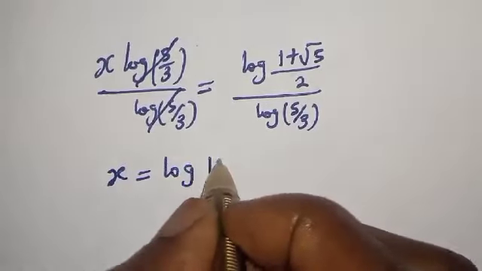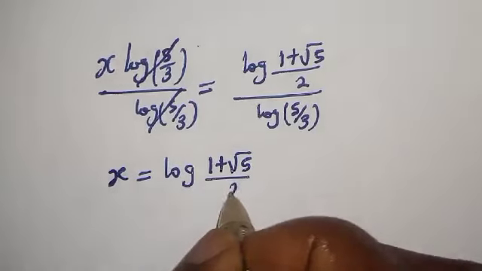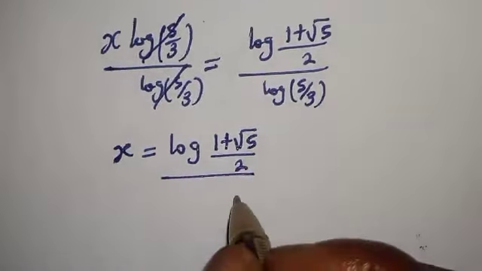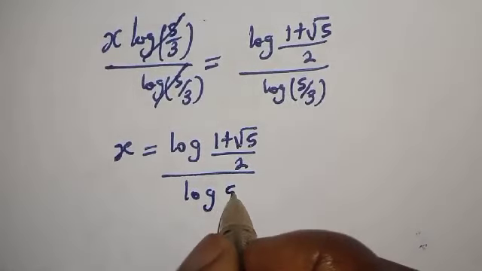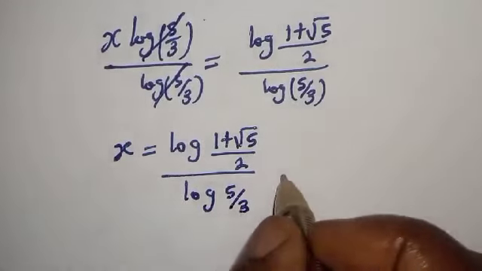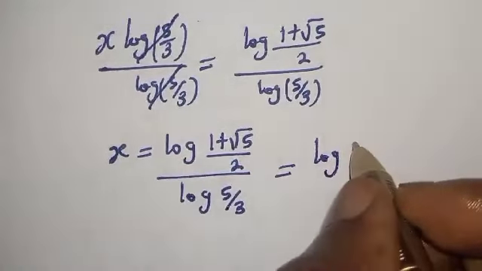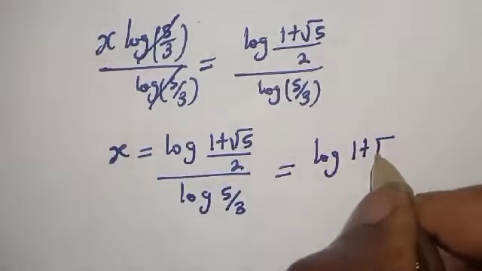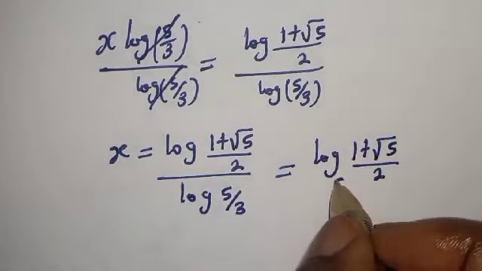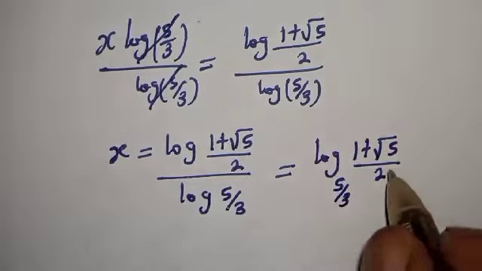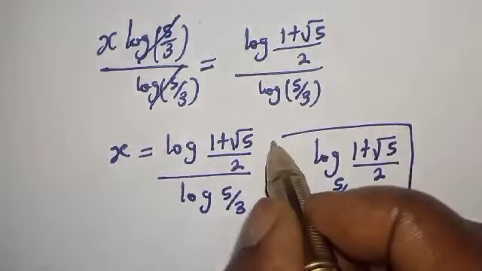s is equal to log 1 plus root 5 over 2 divided by log 5 over 3, and this is equal to log 1 plus root 5 over 2 base 5 over 3. So this is the final answer.